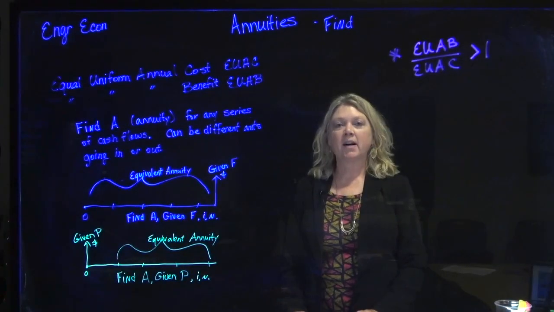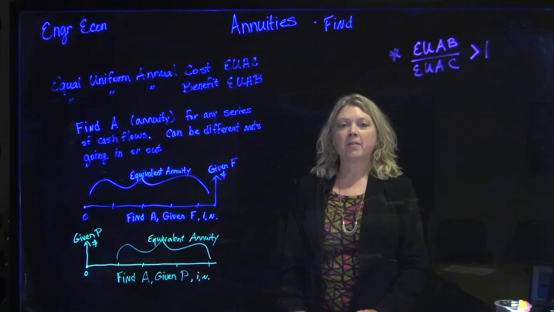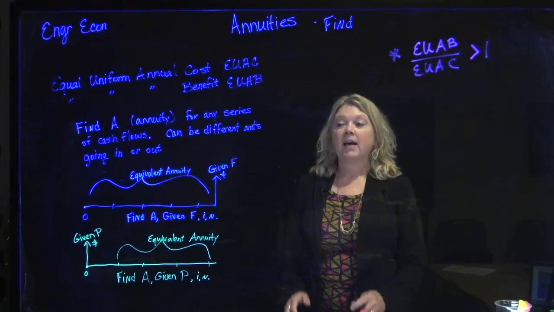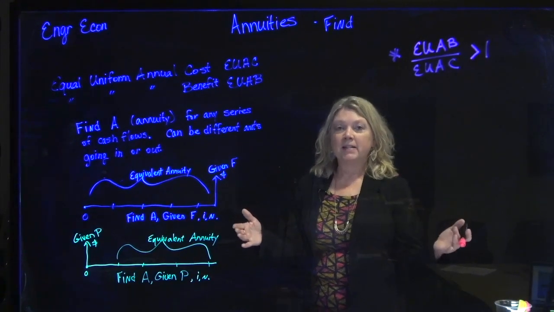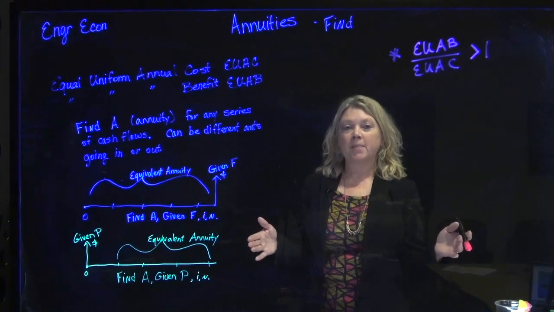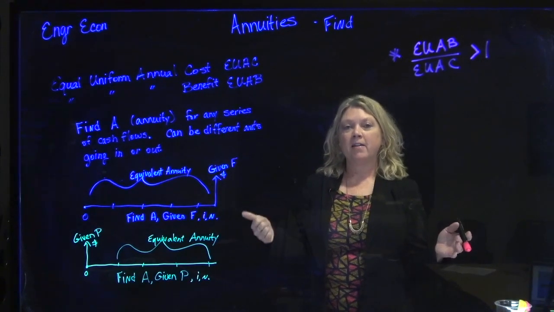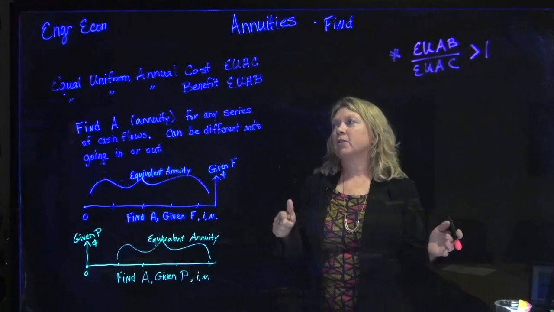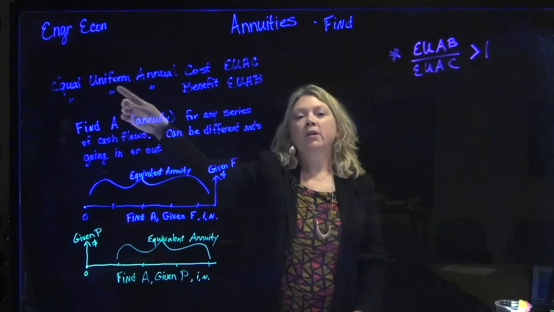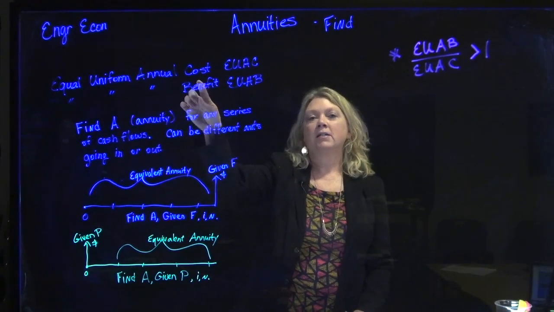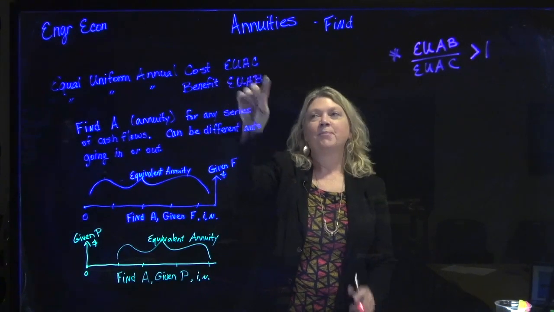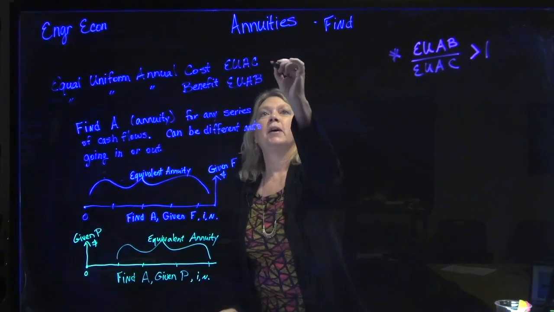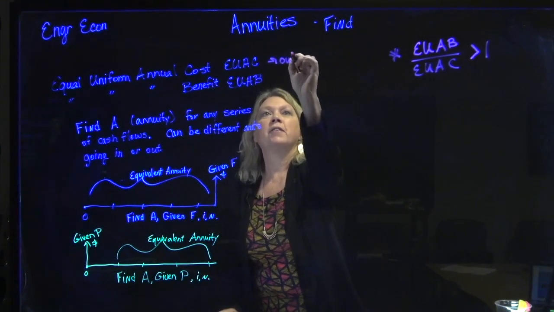Okay, here's a related concept. Again, we'll be finding A, but in this case, we're going to be finding the average annualized payment over a period of time, either given F or given P. So let's look at this. This is called Equal Uniform Annual Cost, EUAC, and we use that to work with outflows of cash, right?